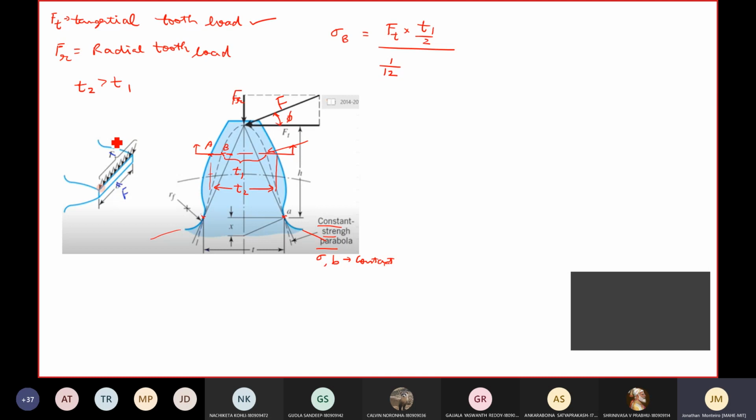Let me describe it as W, because in your data handbook it is given as W. So W into T1 cube. Did we miss out anything? Yes, I think this is M, no? So I think this should be okay.